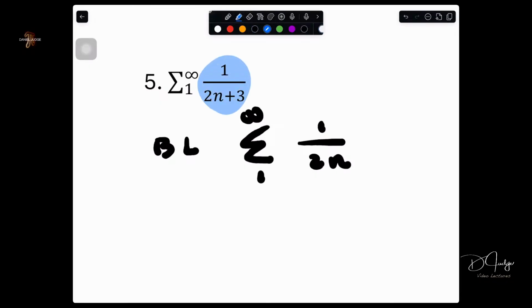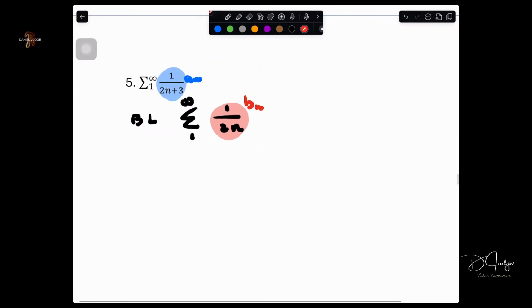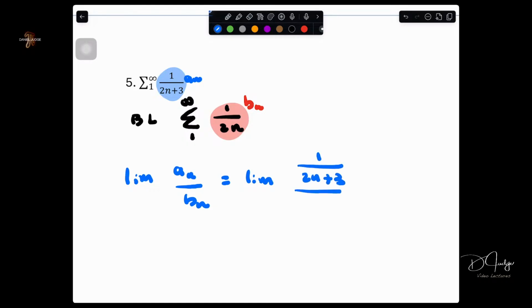And so we have the series here an, and we have the bn now. So by the limit comparison test, we're going to have to look at the limit of the ratio an to bn. What that's going to be is 1 over 2n plus 3 over 1 over 2n.